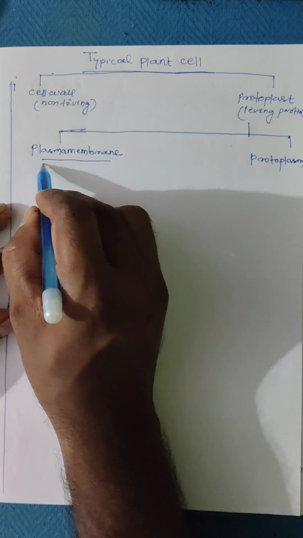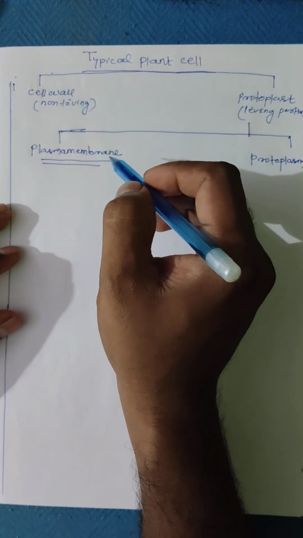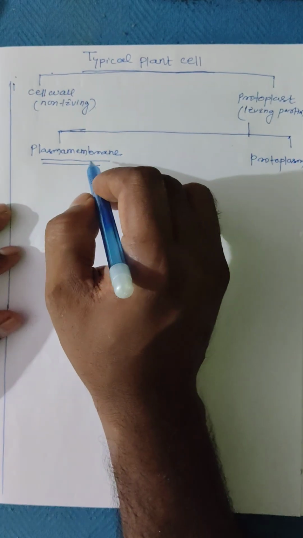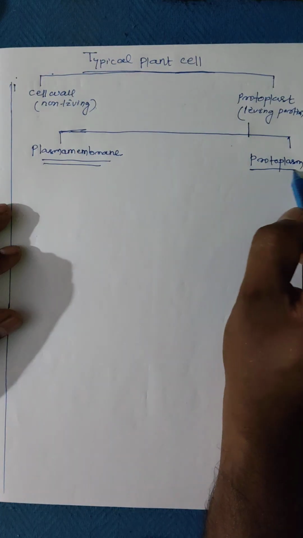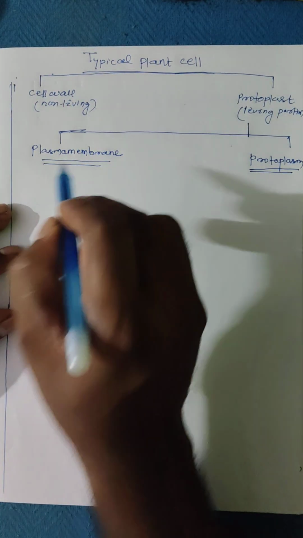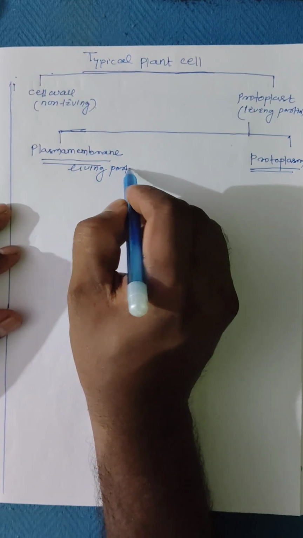We know about the plasma membrane. In animal cells, the limiting layer is only the plasma membrane, and below the plasma membrane is the protoplasm. The plasma membrane is the living portion of the cell.